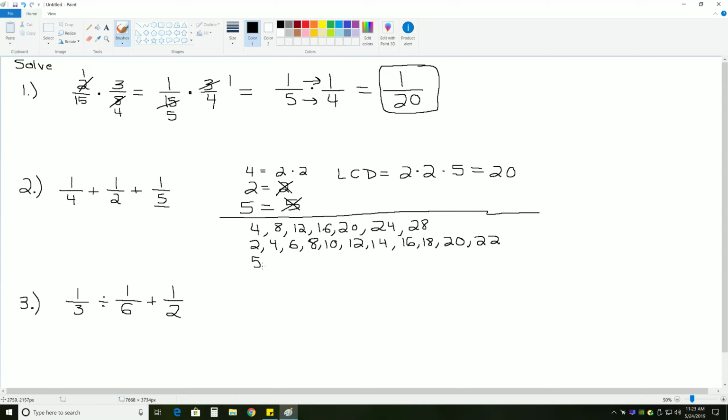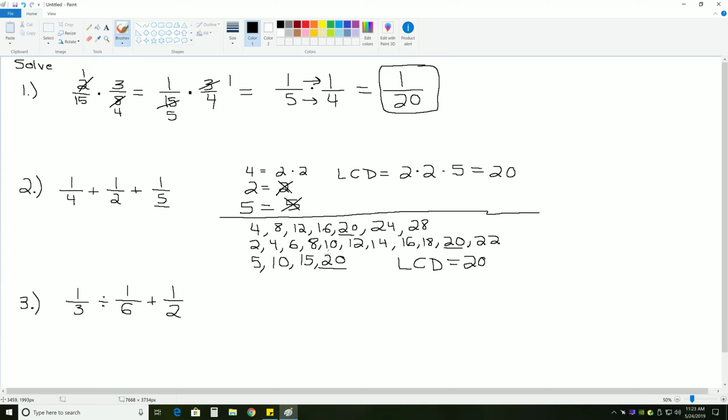And now finally, 5 times 2 is 10, 5 times 3 is 15, 5 times 4 is 20, and it's at this point, if you were using this method, that you would notice 20 comes up in all three of these multiples, meaning 20 is the smallest multiple of all three of our denominators, so it is again the least common denominator.